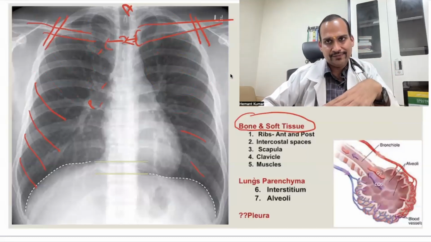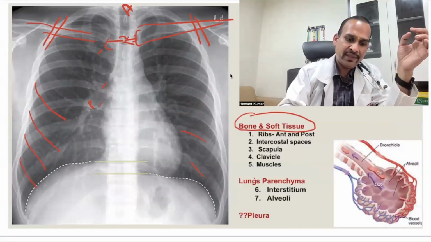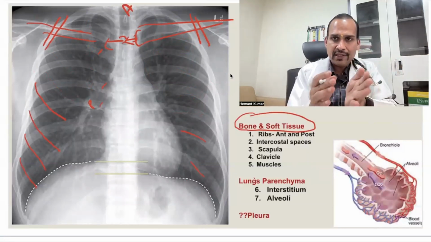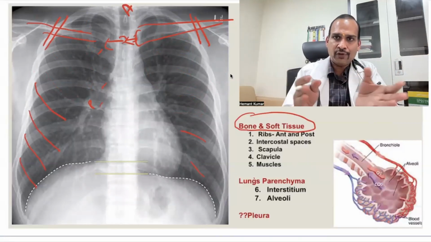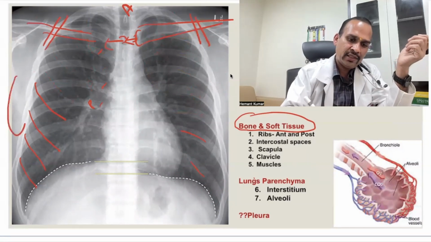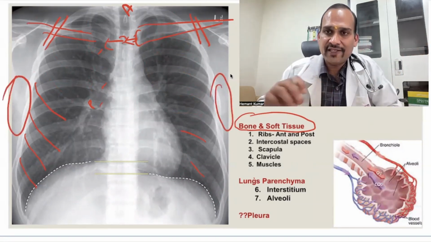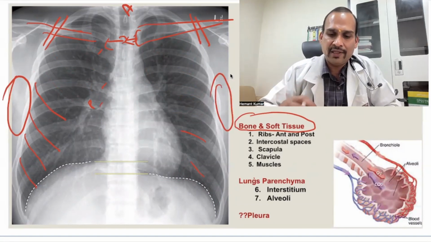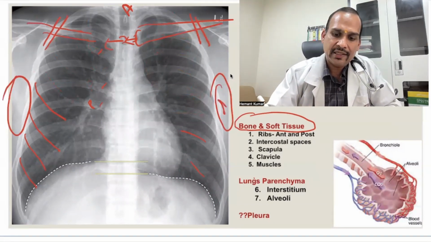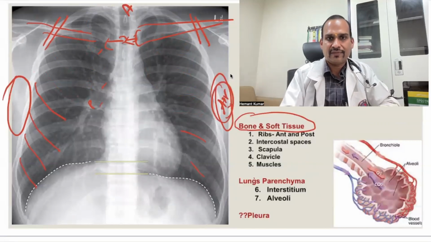Then muscles. We have to see muscles and fat, meaning extrathoracic muscles and soft tissues. If there is surgical emphysema or subcutaneous emphysema, we can see air here. So this is muscle and soft tissue.